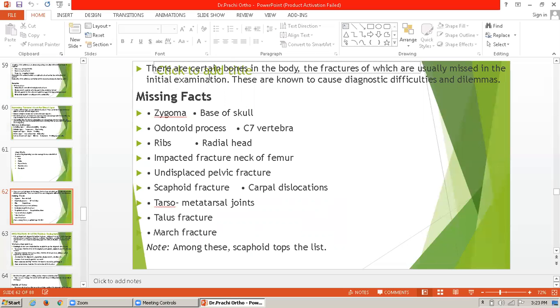So there are certain bones in the body, the fractures of which are usually missed in the initial examination.